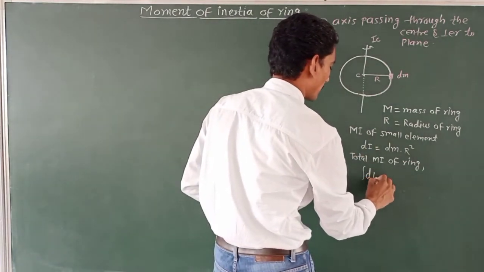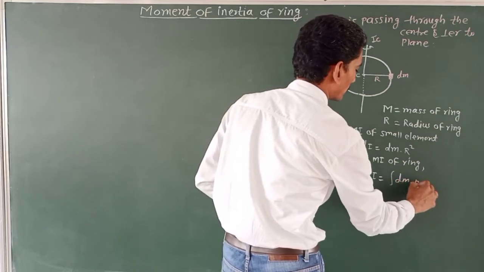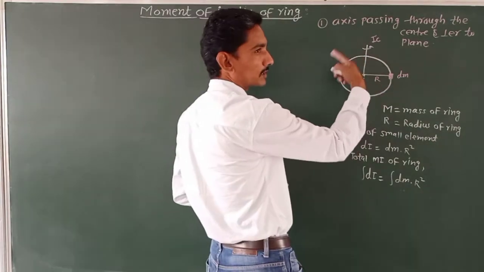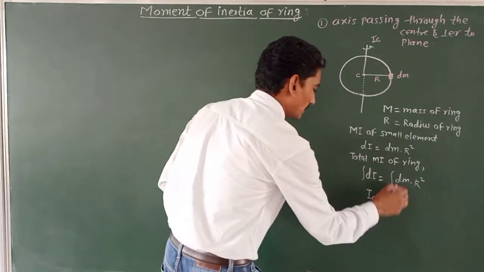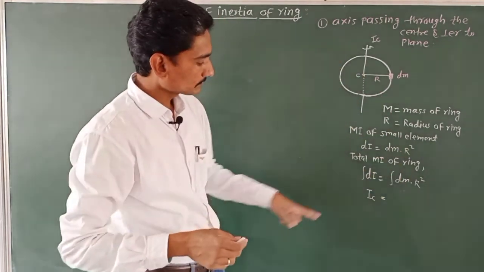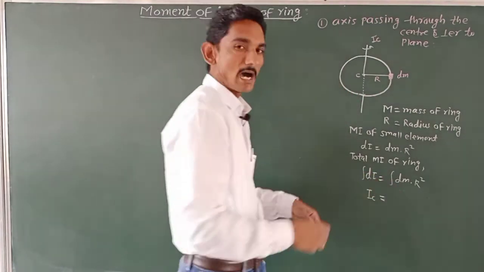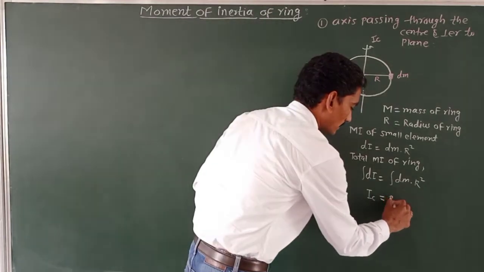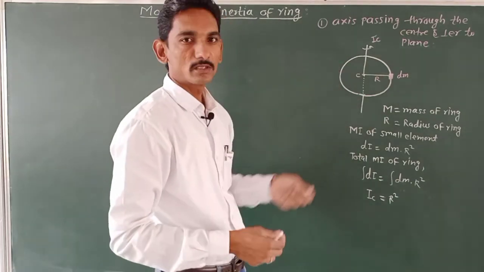Integration of dI equals integration of dm into r square. So integration of dI gives the total moment of inertia of the ring. We can write I about the axis passing through the center: I_C equals r square, since the radius r is constant, times integration of dm, which is nothing but the total mass.